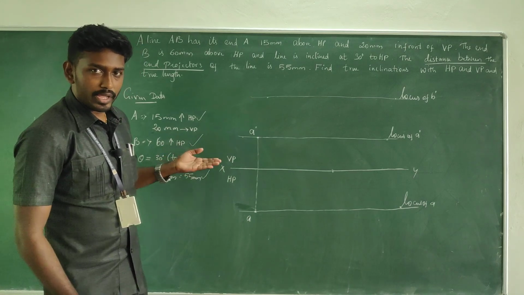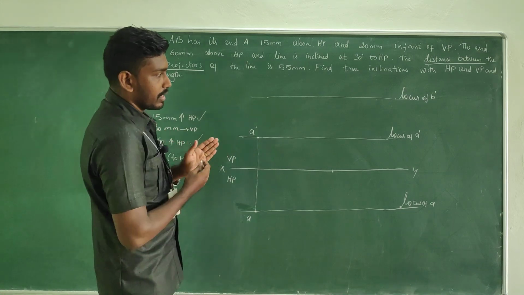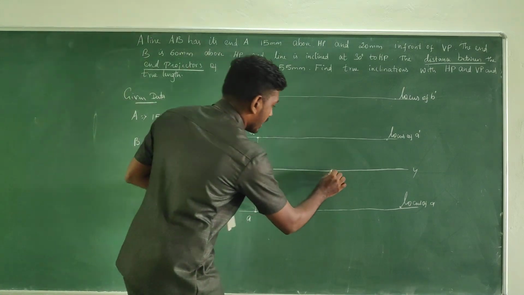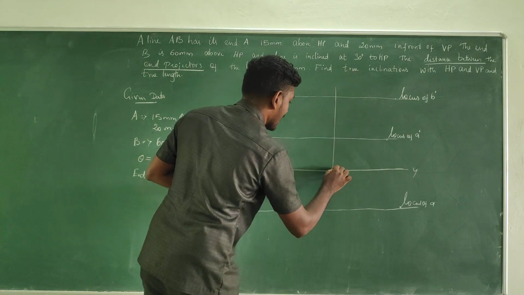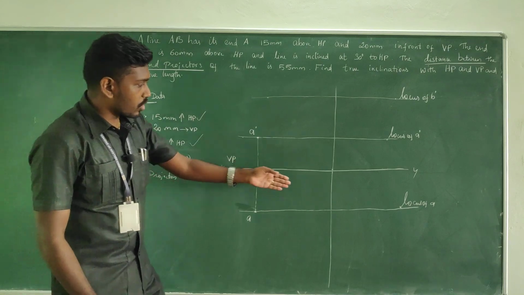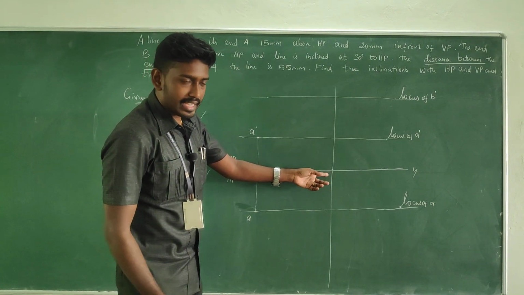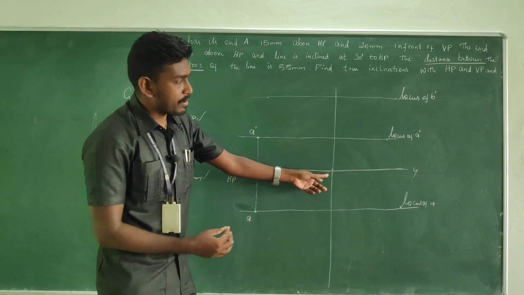Next, the end projector line connects with the B point. So I draw a vertical line, a 90-degree line from the end projector point.